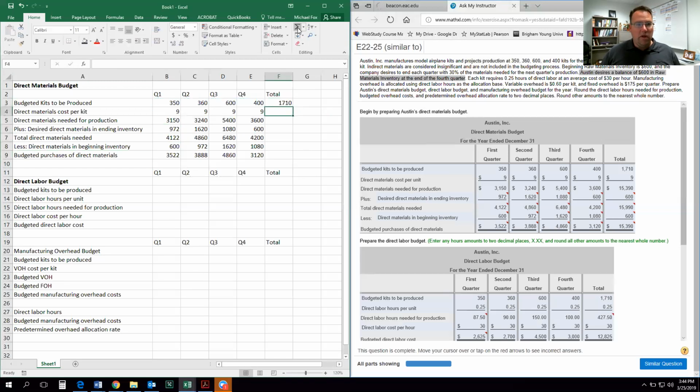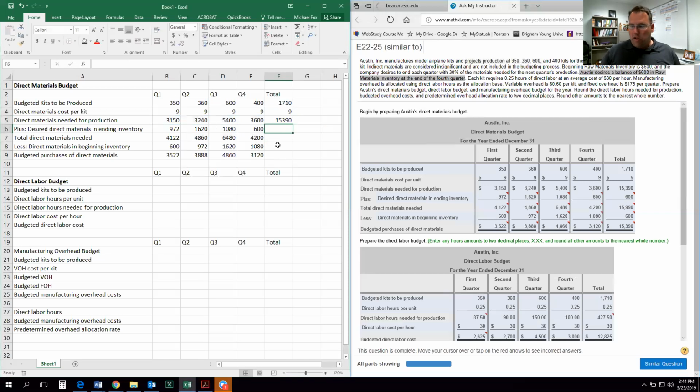All right, so for our totals, we would just add up. But this one is $9, right? Each kit costs $9, so it's not a total of everything. Our direct materials needed is going to be a total. We can add all those up, or we could do 9 times that, and it would still work either way. But when we get down to ending inventory and beginning inventory numbers, those are absolute numbers, meaning we don't add them all up.